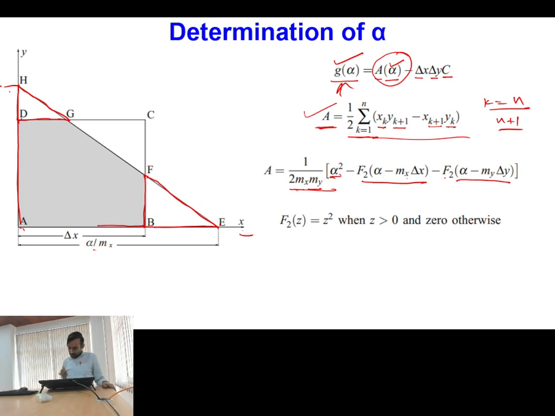Here you have to remember that the f2 function is nothing but a square function. f2 of any quantity is the square of that quantity when the value is greater than 0, and f2 of z will be equal to 0 if the value is less than 0.